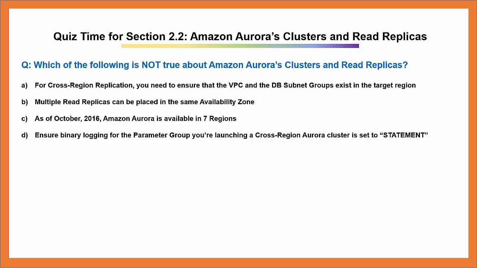B. Multiple read replicas can be placed in the same availability zone. C. As of October 2016, Amazon Aurora is available in 7 regions. D. Ensure binary logging for the parameter group you're launching a cross-region Aurora cluster is set to statement.